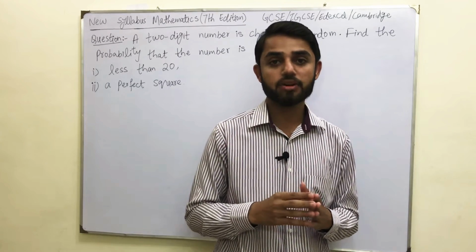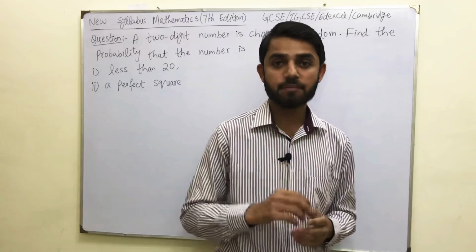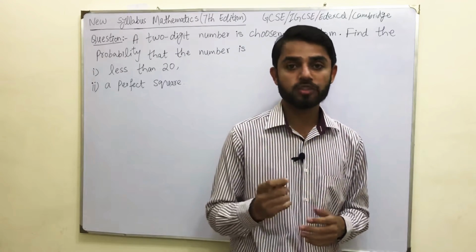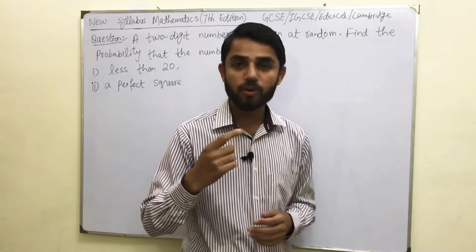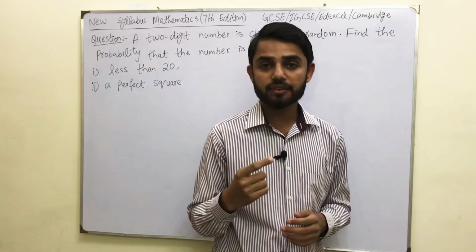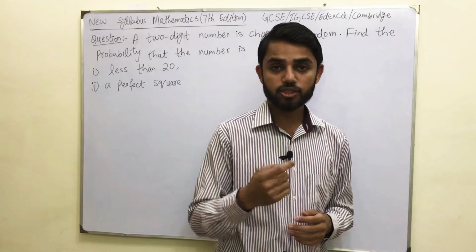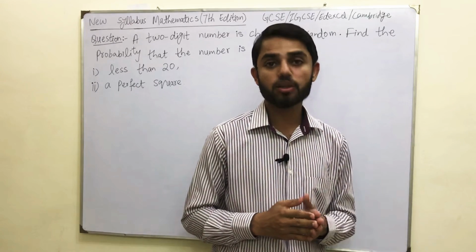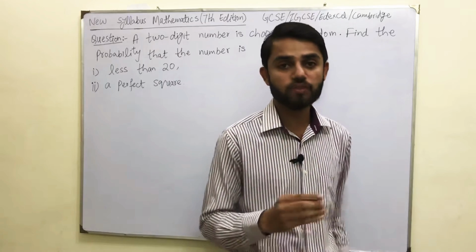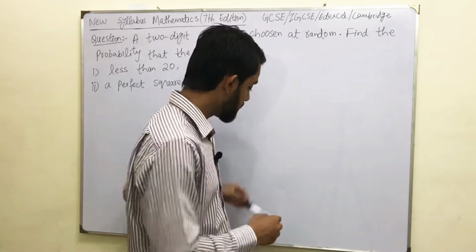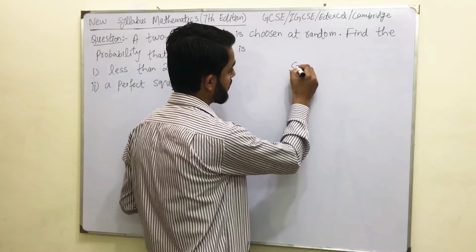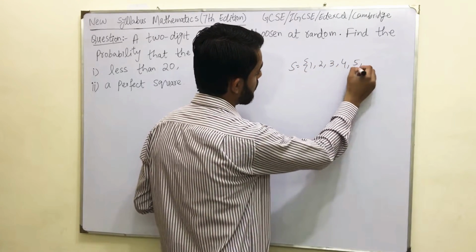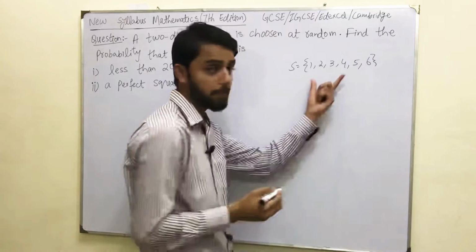Probability is about the chances of something happening out of the total number of chances. Like when we are rolling a dice on the floor, what is the probability that we are going to get 2? We know that on a dice the total numbers are 1, 2, 3, 4, 5 and 6. This is basically called a sample space.